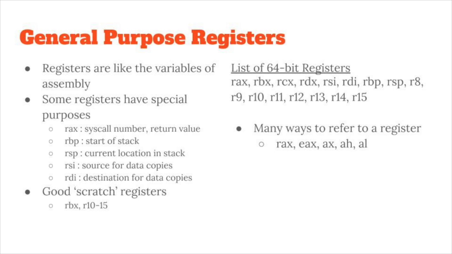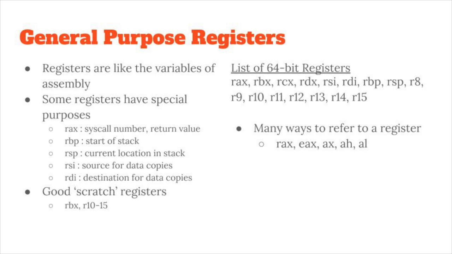That being said, there are lots of other registers you can use that are very useful in your code. Good examples are RBX and R10 through R15. Those are the ones you can use if you want to do any calculations within your actual code.